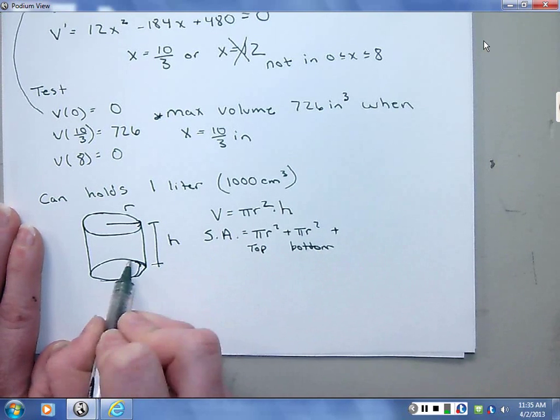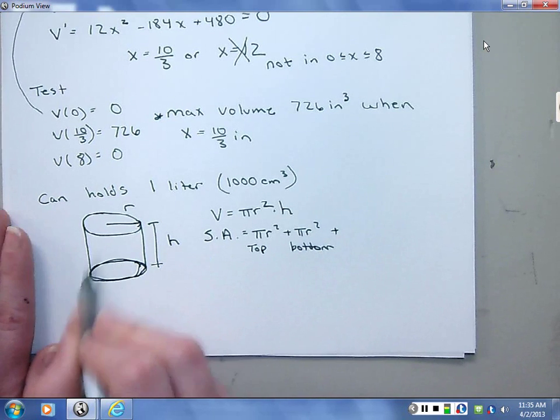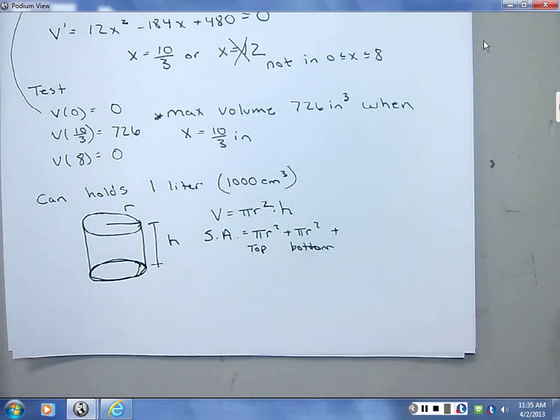What is going to be the area of the lateral surface? It's going to be the circumference of a circle times the height. Because if I make a can here, you guys know how to find the area of a rectangle, right? Length times height.